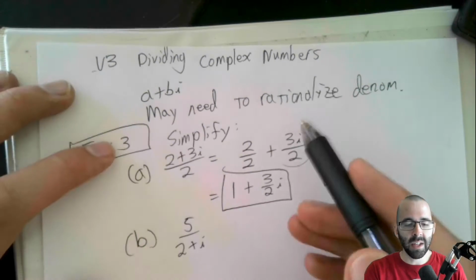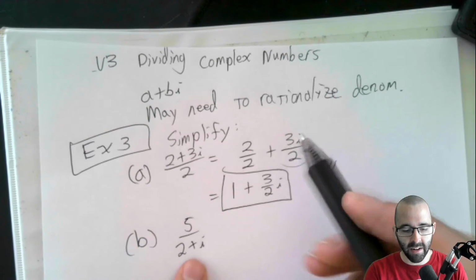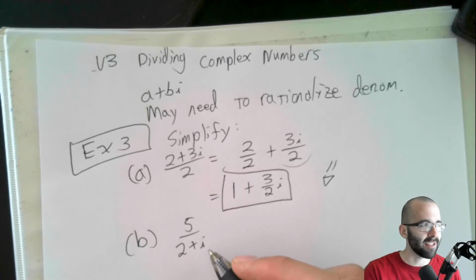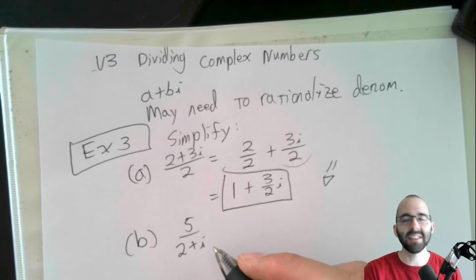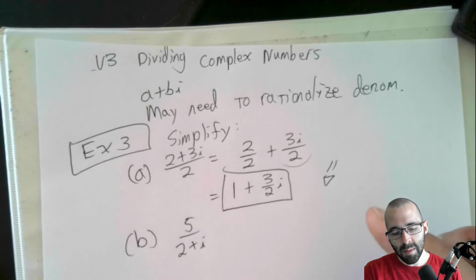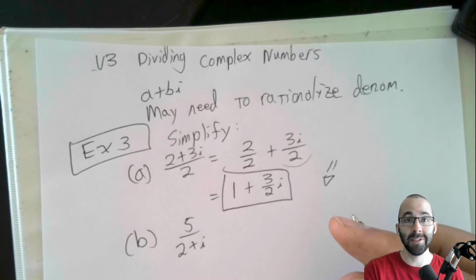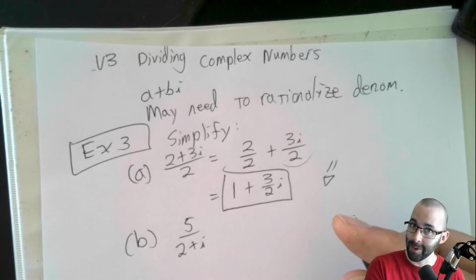Okay, so we need to rationalize the denominator because this is kind of like an irrational number. It's not actually irrational, but it's similar because it has a square root. So if you remember, again, maybe you don't remember this at all, in which case, here's how it works.